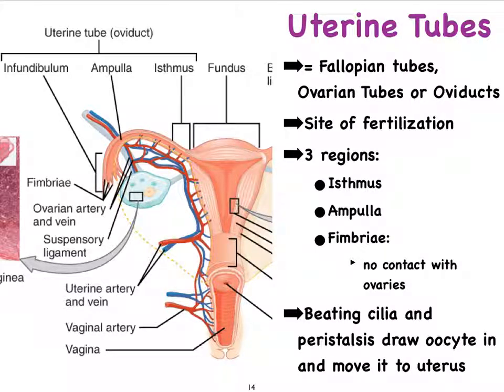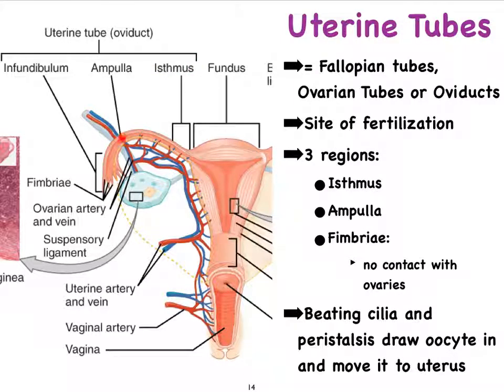So the point I'm trying to make here is that the fallopian tubes, your oviducts, are not touching the ovaries. So let's go over the anatomy of the oviducts. So the connection between the uterus and the ovaries is at the beginning slightly narrowed, and from there the term isthmus again.